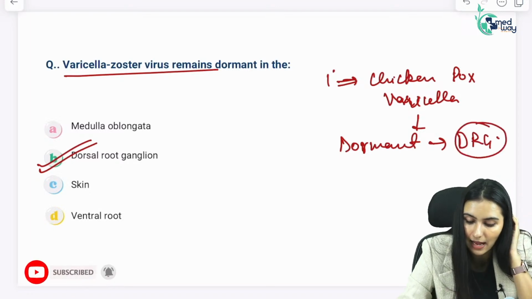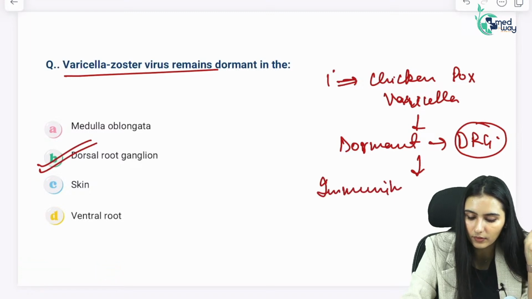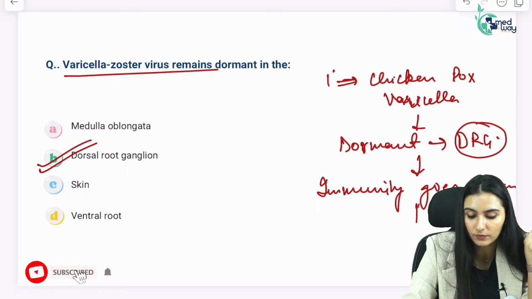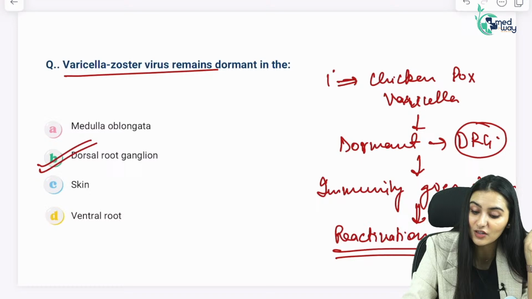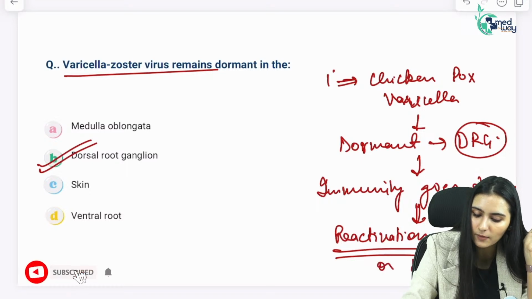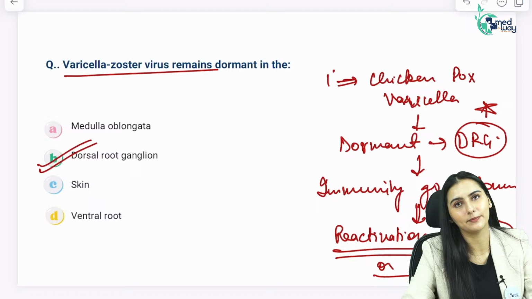And then when the immunity goes down, it will give you a reinfection or reactivation. So the reactivation of infection is called varicella zoster or herpes zoster. The word zoster only comes when there is reactivation, and it stays dormant in the dorsal root ganglia. Simple.